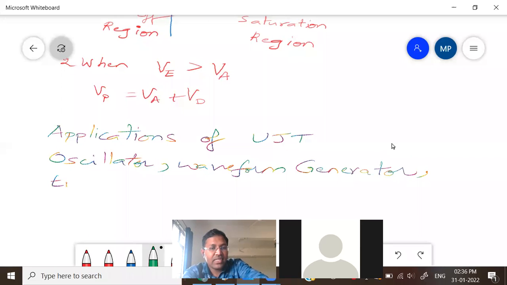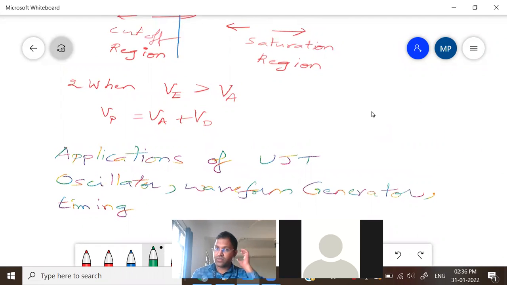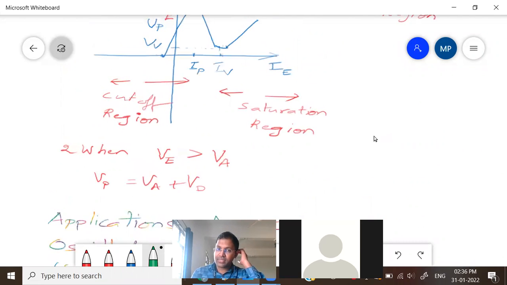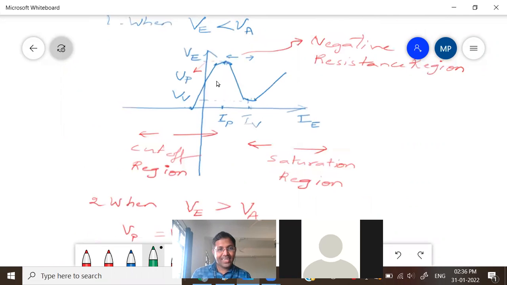The next application is timing circuits. Both your tunnel diode as well as UJT are useful in timing circuits. High speed switching is possible, because it can easily jump from the peak point to the valley point.